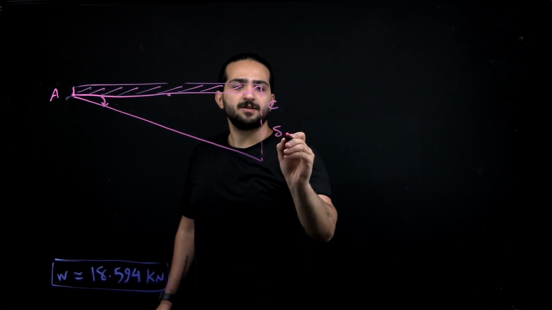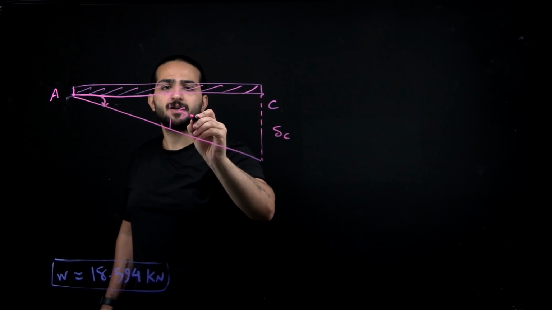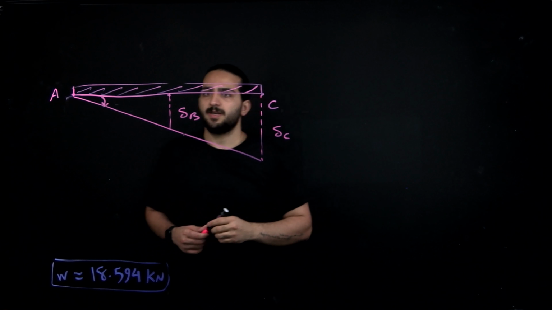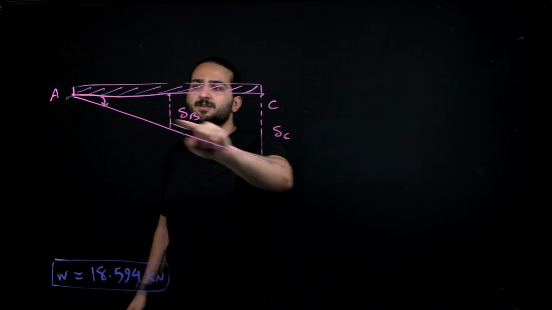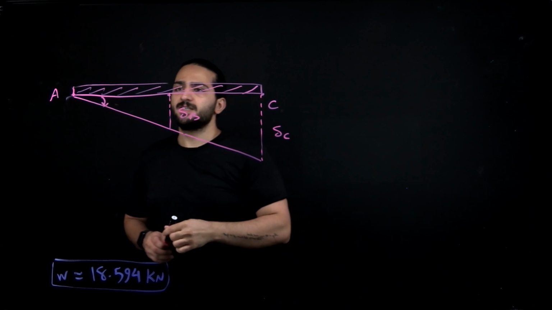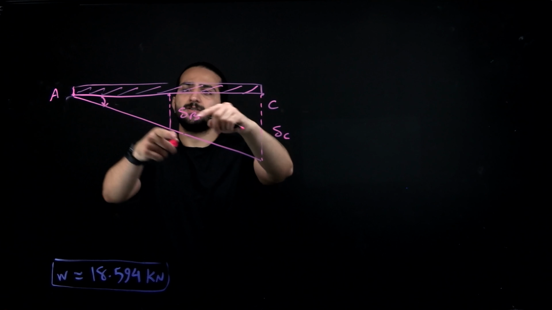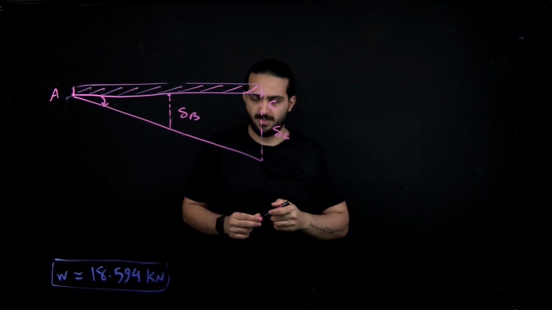This will be our delta C, and this will be our delta B. Using trigonometry in this triangle, we can say that this length divided by this length is equal to delta B divided by delta C.